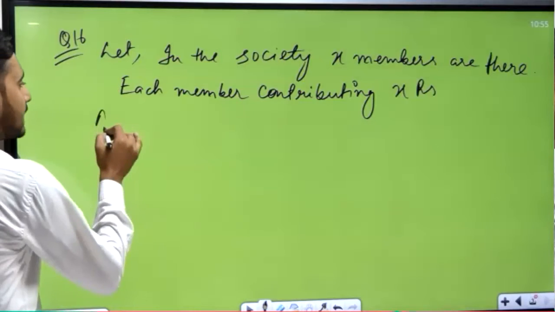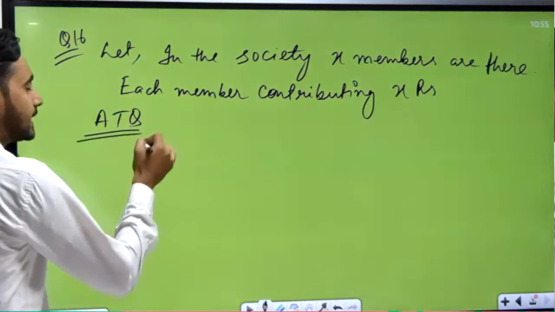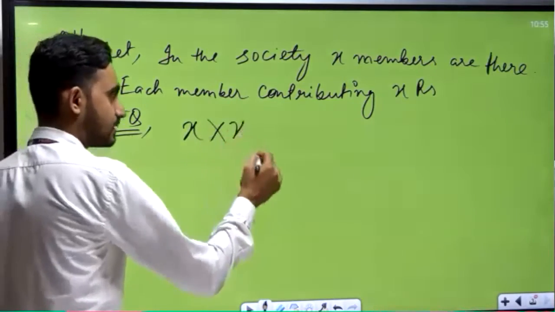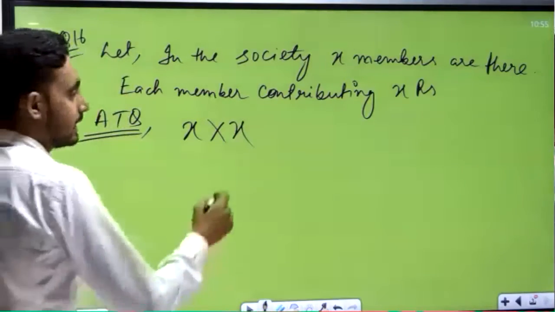So according to the question, ATQ, we can say X multiplied by X. Okay, X multiplied by X is equals to how many?